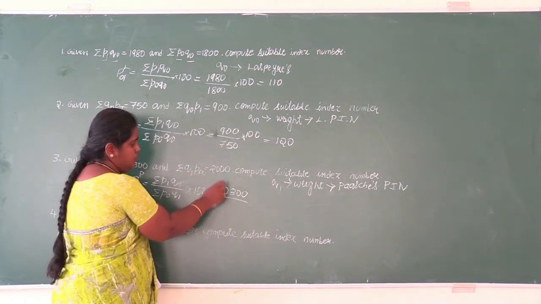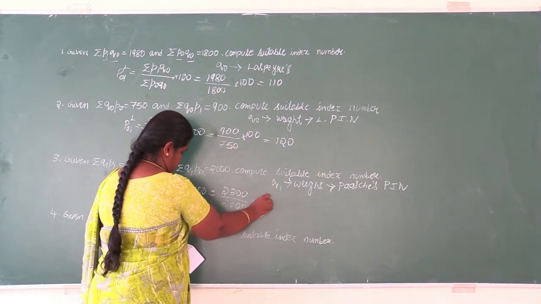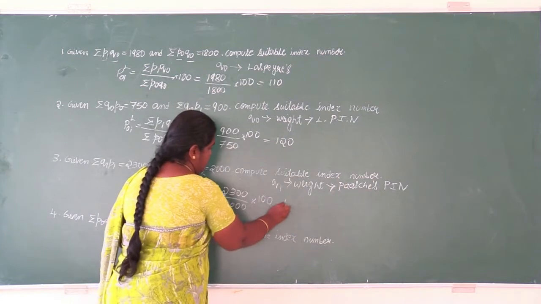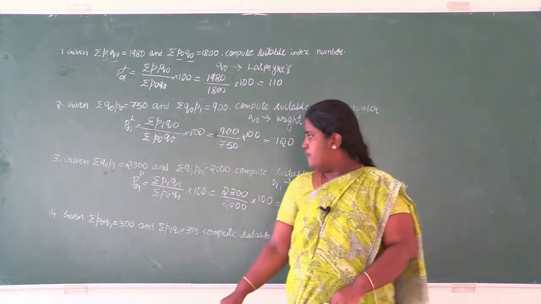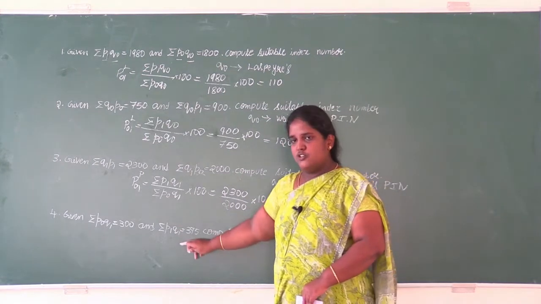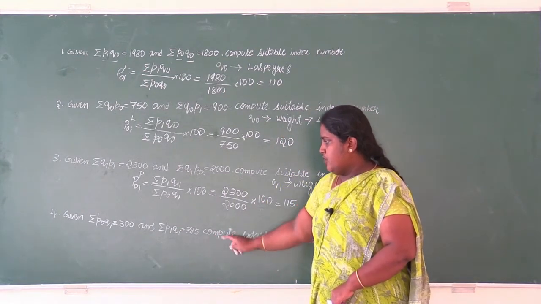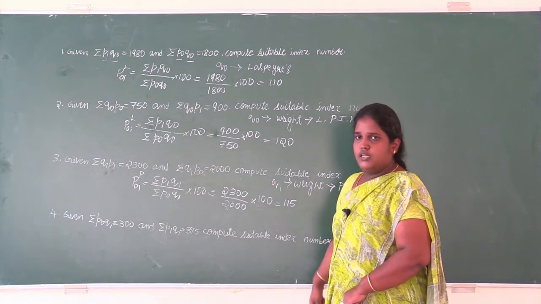P0 Q1 is 2000. So 2300 divided by 2000 into 100, we will get 115.